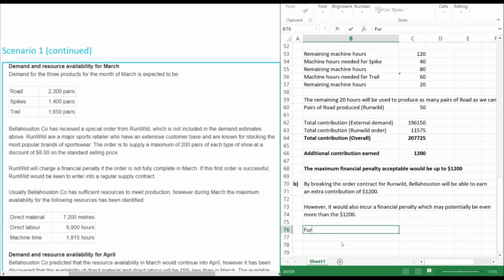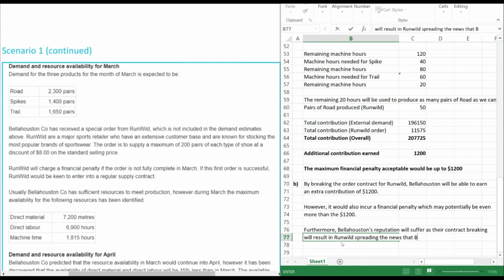Furthermore, Bella Houston's reputation will suffer as their contract breaking will result in Runwild spreading the news that Bella Houston is not a trustworthy supplier.